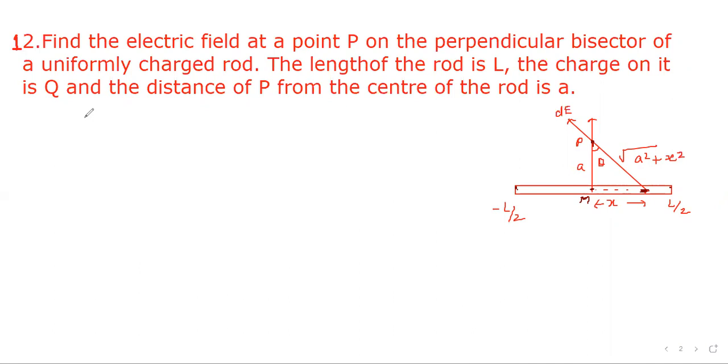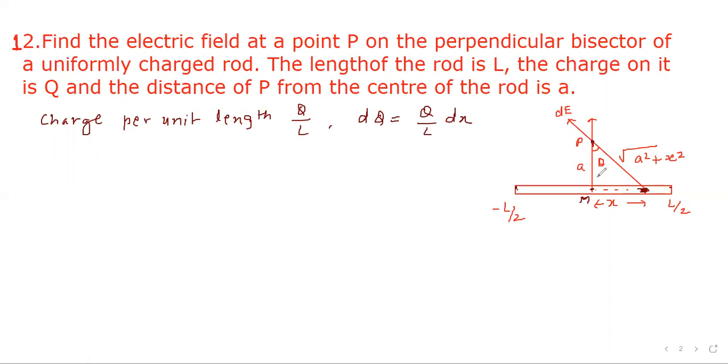The charge per unit length will be total charge divided by total length, Q upon L, and we are considering length dx, so the charge on it will be dq, which is Q upon L times dx.